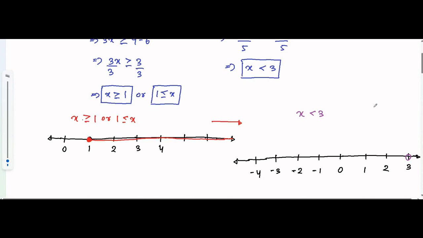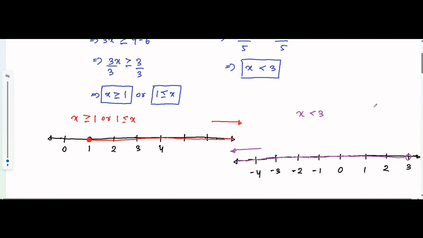If it would have been simply x greater than 1, then this 1 would have been highlighted with a hollow circle. So here x is lesser than 3, 3 is not part of the solution, so it is highlighted with a hollow circle, and every other point which is lesser than that is included in the solution, so we'll include it with a solid line, like this. And it goes on, okay, to the left hand side.